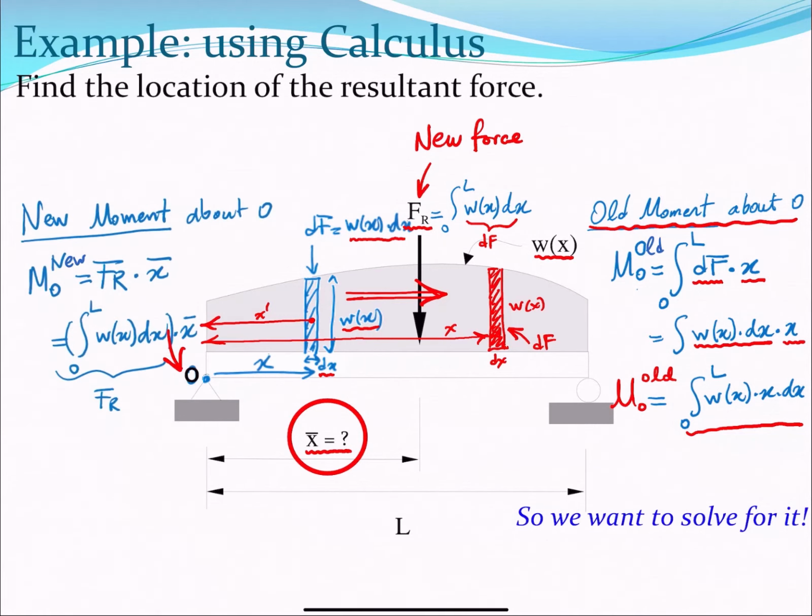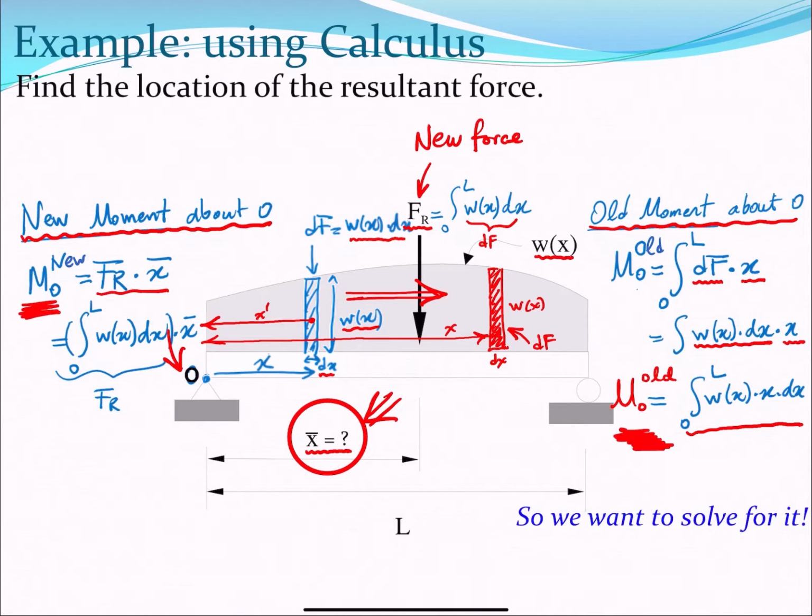So I'm going to write here the new moment caused by Fr about point O is simply Fr times x bar. Take a look at x bar, it's over here. Fr times x bar is the new moment, and then all we have to do is to make this equal to this old moment.